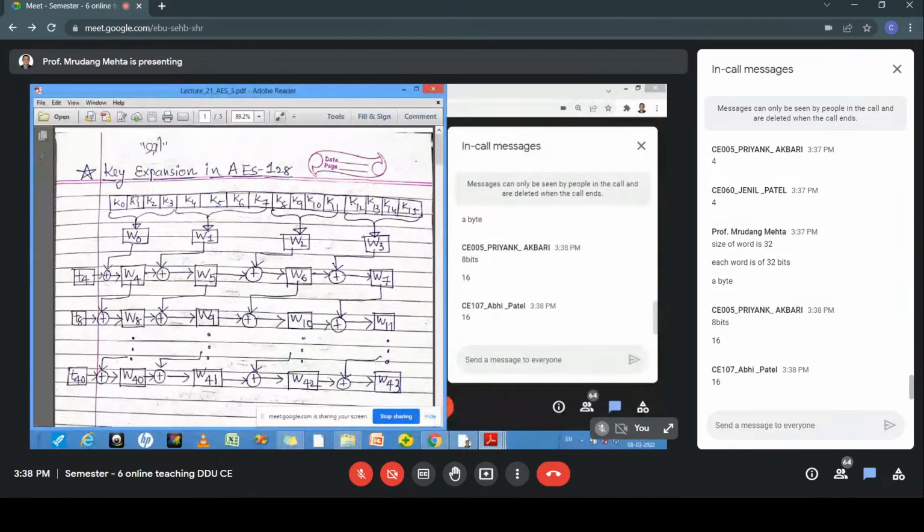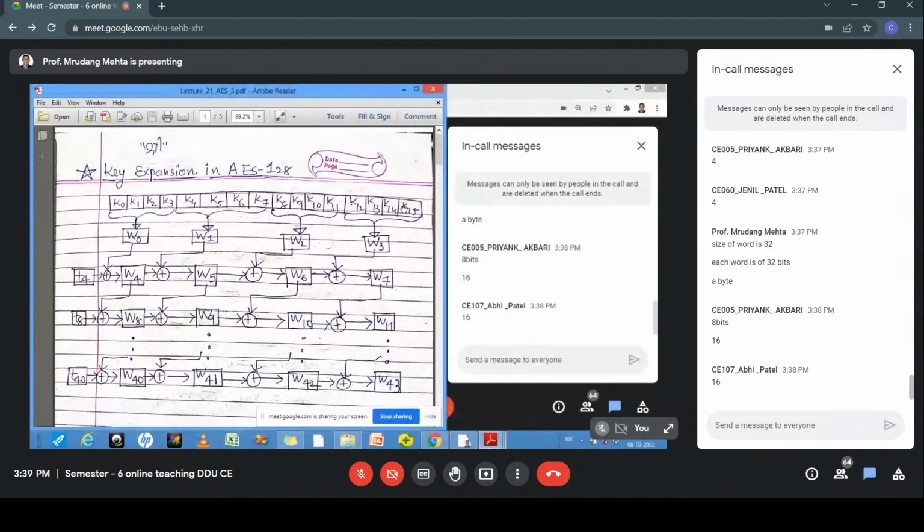So you can see that this is our first key, and it is represented as 16 bytes, numbered K0, K1, K2, K3 up to K12, 13, 14, 15.